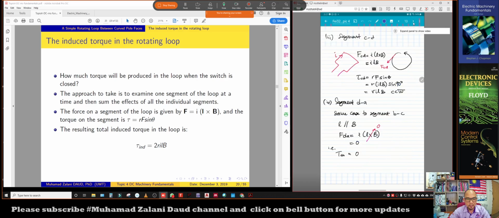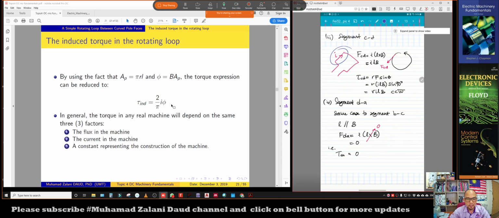Next is segment CD, which is this side. Segment CD is the same as segment AB. If we find the force acting on segment CD of the wire loop, we get force ILB, and the direction of the force FCD is counterclockwise.